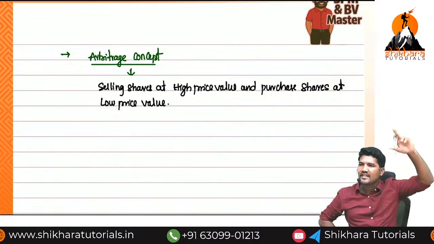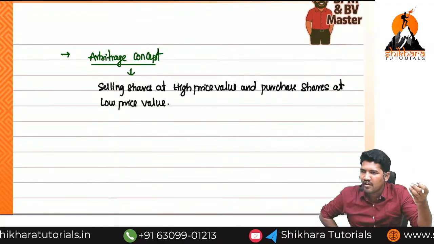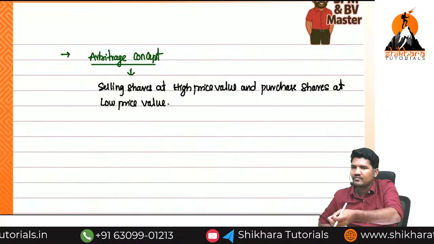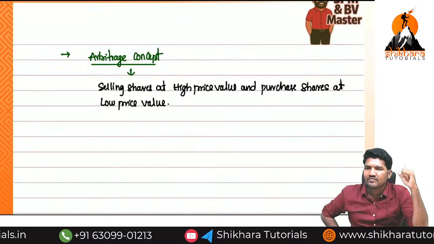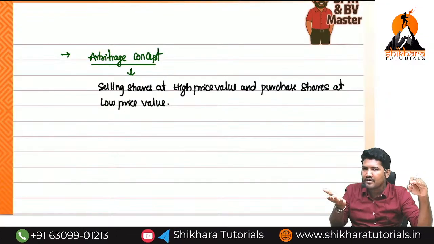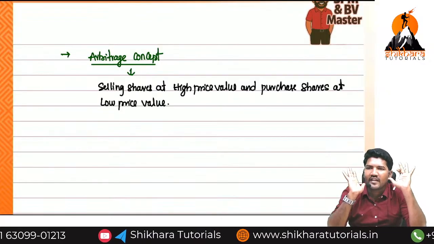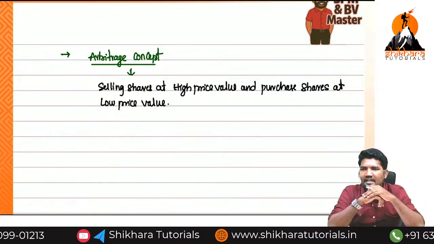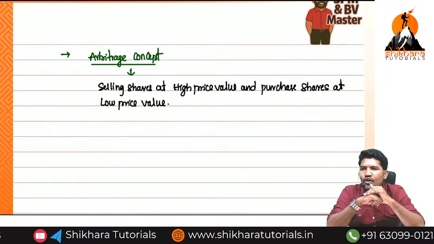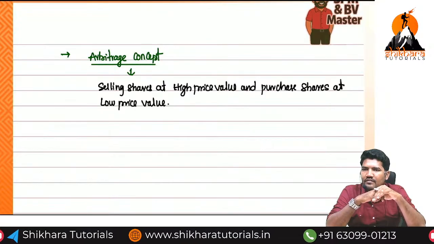B. Now sell that share. If you sell, you will get an amount. Invest that amount in the low price share. At that point, because of selling, the share price will fall. Because of investment, the share value increases. At one point of time, they become the same and the market value remains constant. Guys, clear? That's the meaning of selling shares at high price value and purchasing shares at low price value. Clear? Now see.